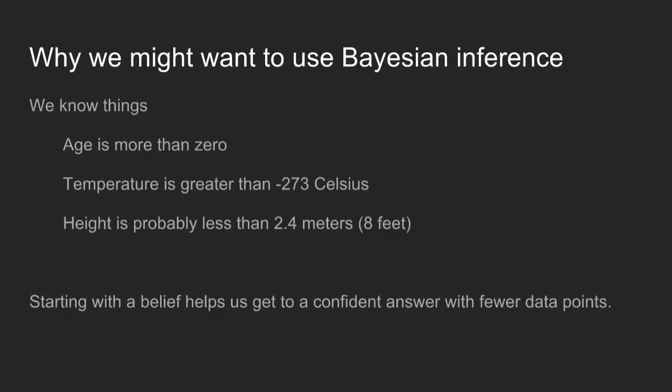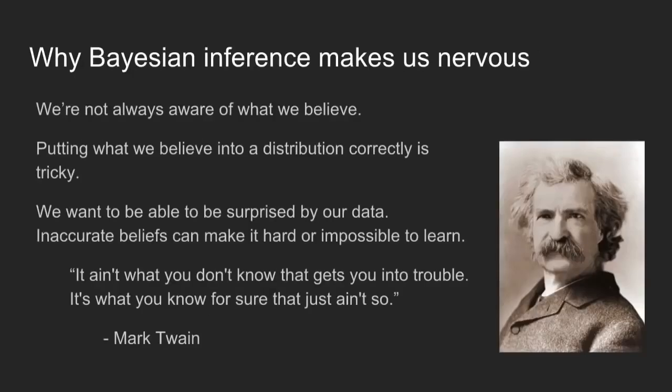So there's a lot of times that it makes sense to use Bayesian inference. Sometimes we just know things. Like if we're measuring age, we know that everyone is more than 0 years old. And so we can take that information and build it in, and we can get sharper estimates with fewer measurements. Now, it should, if you're paying attention, make you a little bit nervous.